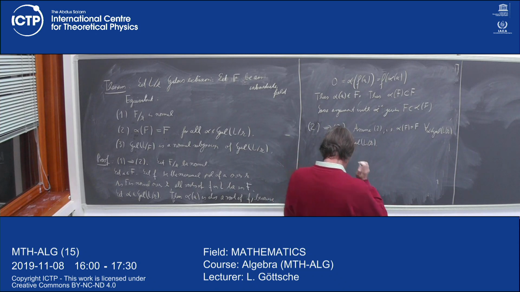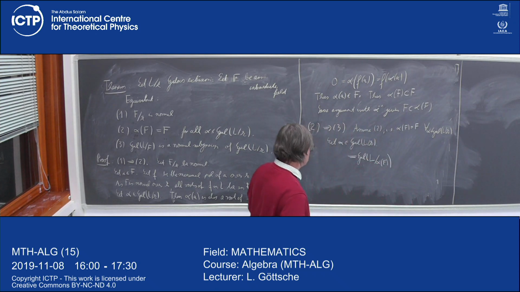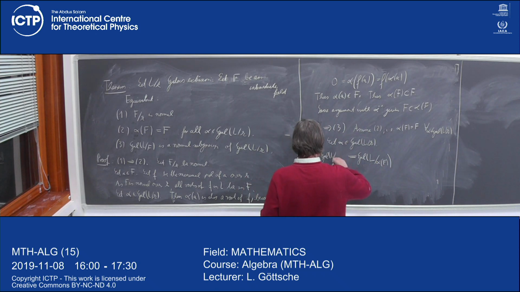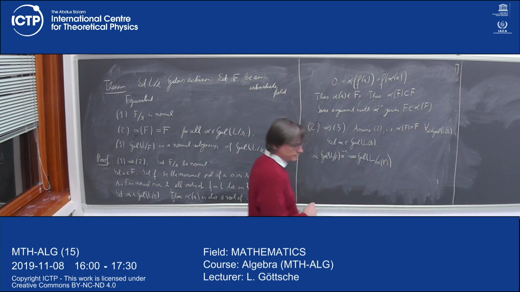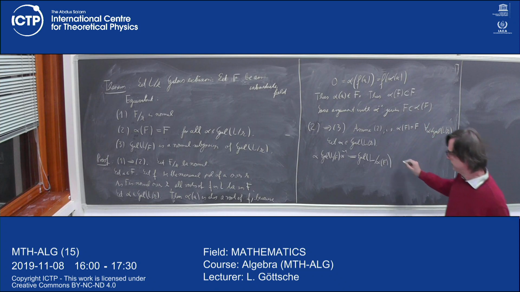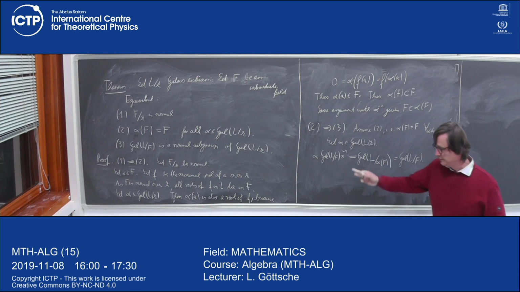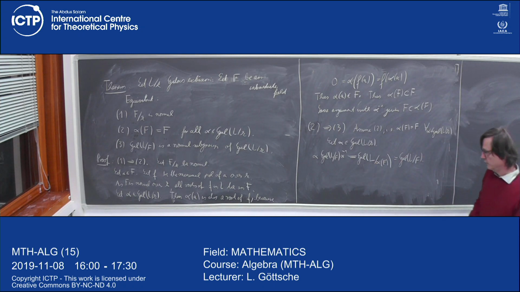Then we have seen that the Galois group of L over alpha of F is equal to alpha times the Galois group of L over F times alpha to the minus 1. On the other hand, our statement is that F is equal to alpha of F. So this is equal to the Galois group of L over F. And this precisely says that this is a normal subgroup.